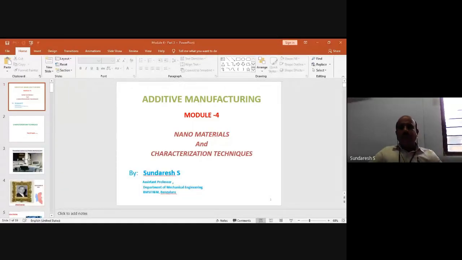Before that, we were talking about the nanomaterials, the nanotechnology, and the different methods by which we can manufacture nanomaterials, the methods in which nanomaterials can be synthesized.